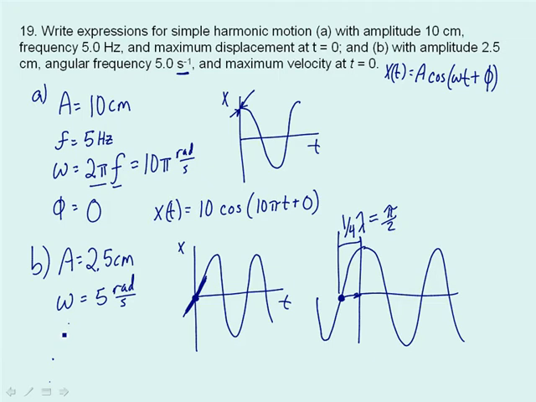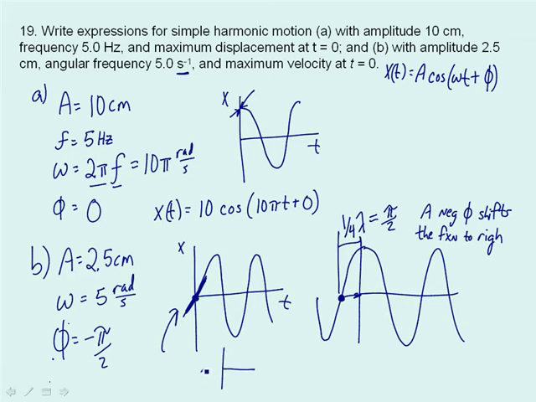Now, in order to get a shift to the right, we need a negative phase difference. So a negative phi shifts the function to the right. So our phi is negative pi over 2. Now, this is our position function.